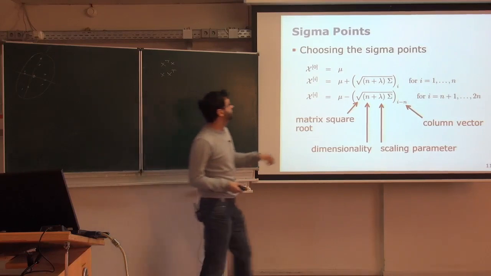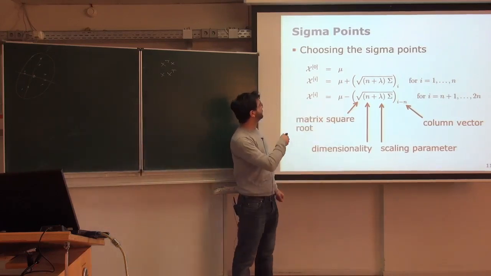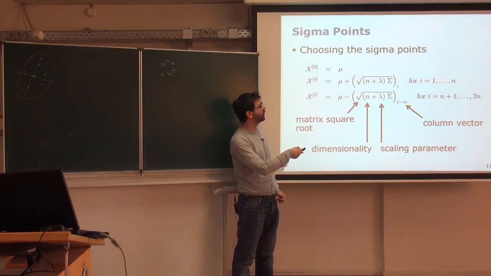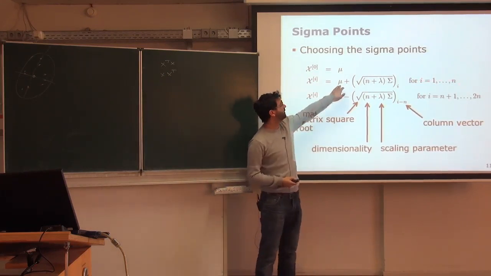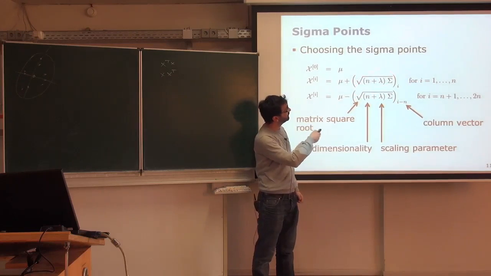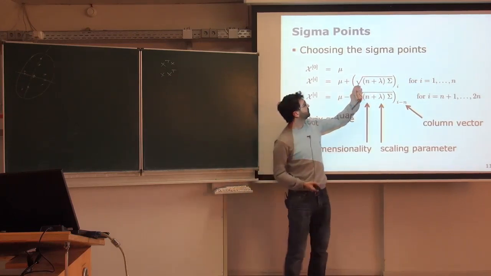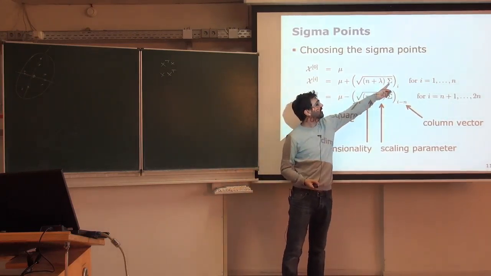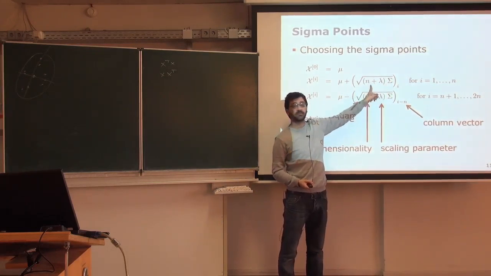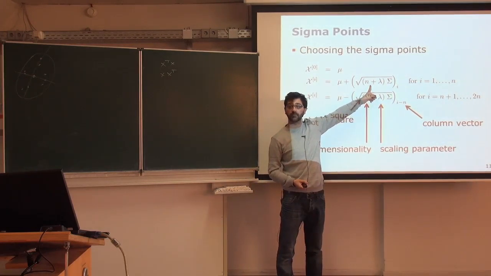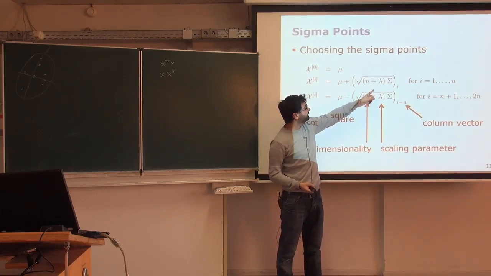Okay? What it says here is you take the ith point, where i is from 1 to n, as the mean plus this thing here. This is the square root of the covariance matrix multiplied by some number, and we'll see now what this number means.